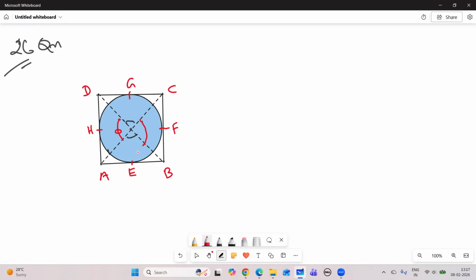Once we show these two are supplementary, in a similar way we can also show that these two are supplementary. Supplementary means their sum is 180 degrees. So let us proceed to show that these two angles are supplementary.